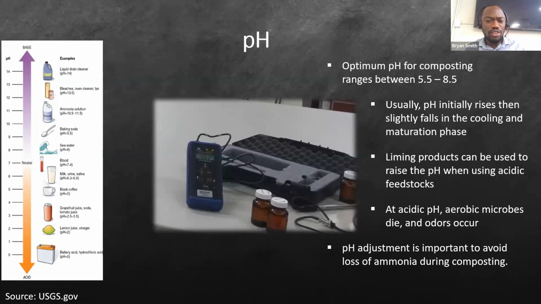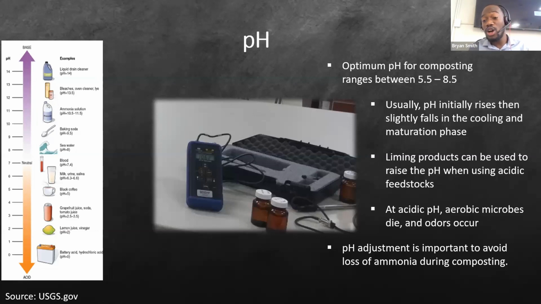And so what we generally want is a pH between 5.5 and 8.5 to start off with. And you see this little machine that you're seeing a picture of, that is a pH meter. This might be a little complex one, but you have very simple, very reasonable ones that you can get on Amazon for about $30 or $40 that can do the same thing and tell you the range of your pH, how acidic or how basic something is.